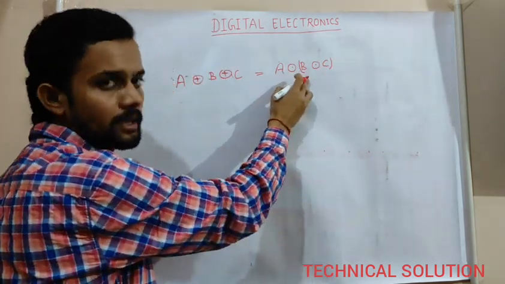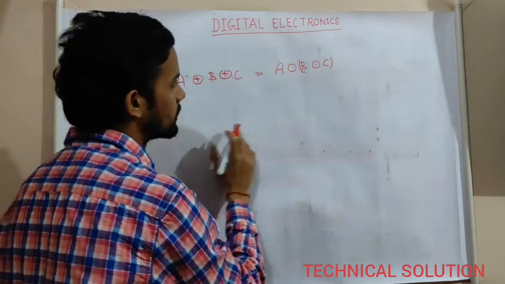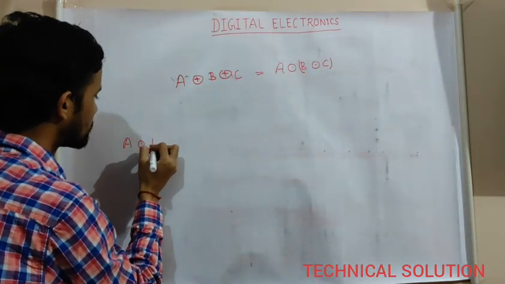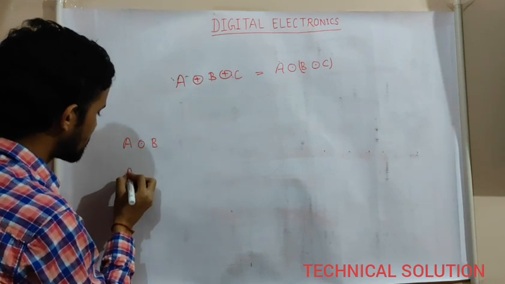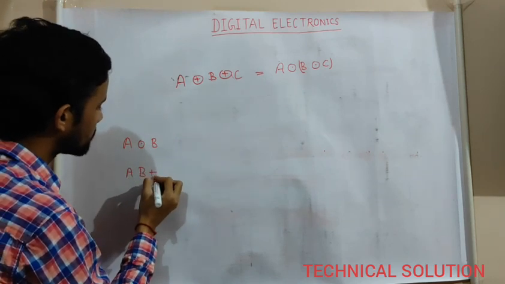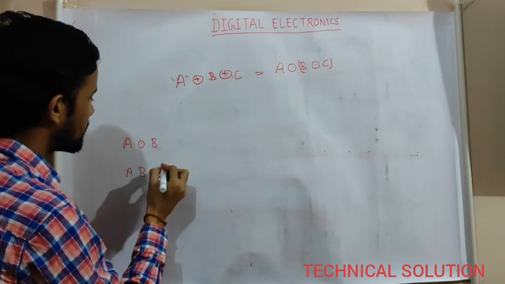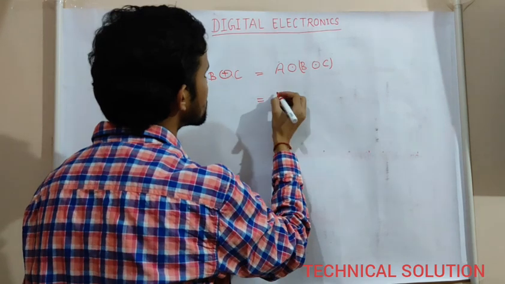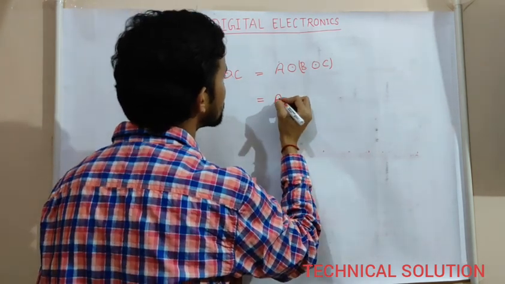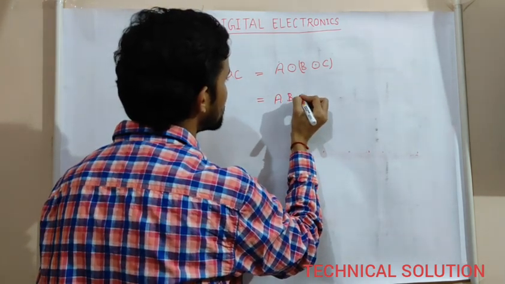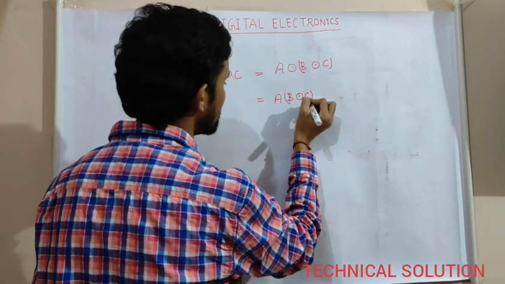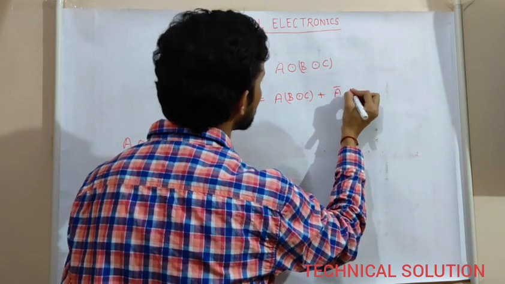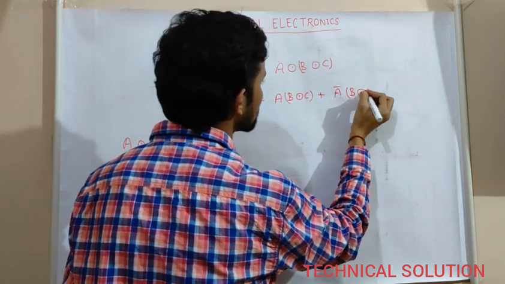Then A XNOR B we can understand as A B plus A bar B bar. That means this is A, and B XNOR C, and this is A B plus A bar B bar.